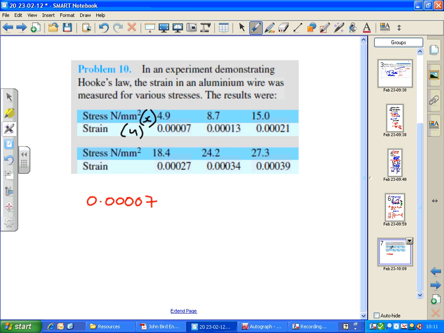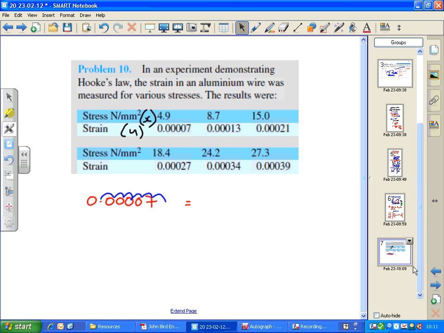How might we rewrite that using engineering notation? Yes, we can go 10 to the minus 3, and that would have to be 1, 2, 3, so it would be 0.07 times 10 to the minus 3, or 4, 5, 6, which is probably better in a way.